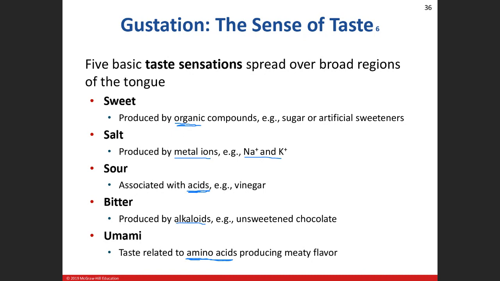Has anyone here ever tried unsweetened chocolate before? Oh yeah, it's not what you think. There was a guy who used to work at Applebee's, a cook. This guy was always daring people to do these dares, and one was to eat a whole bar of unsweetened chocolate.